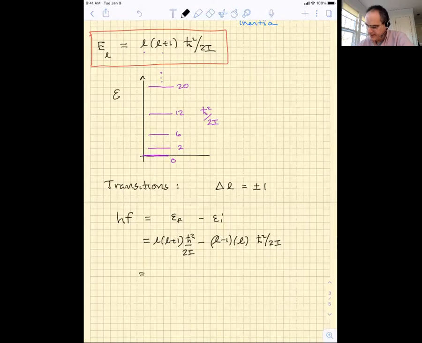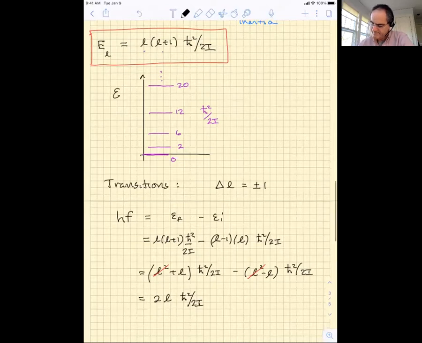So simply multiplying these out, we get L squared plus L times h bar squared over 2I, minus L squared minus L times the same quantity. And you can see that the L squared terms cancel out and the other terms add so that we get 2 times L times h bar squared over 2I.